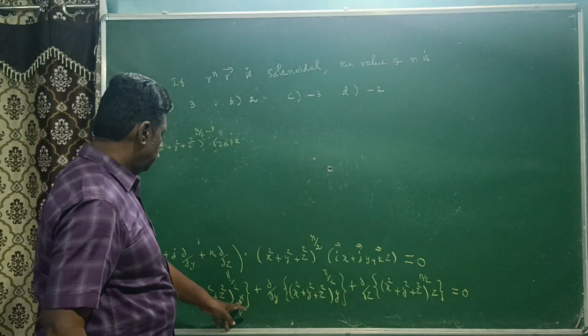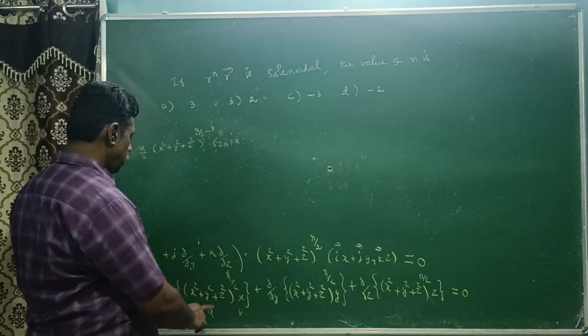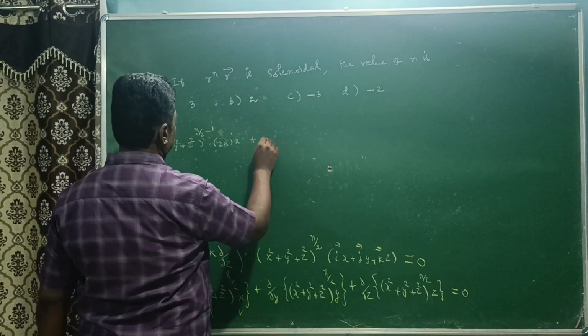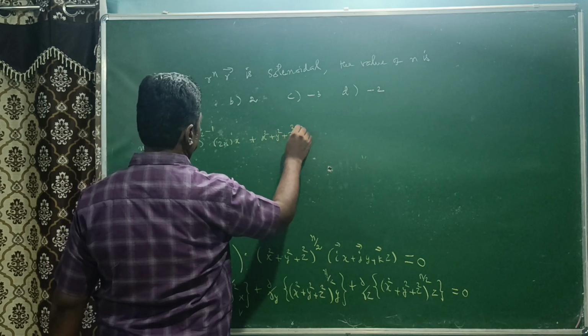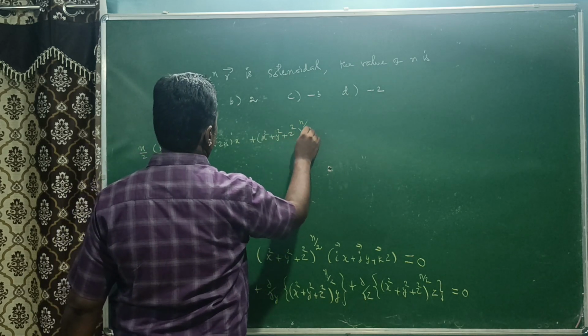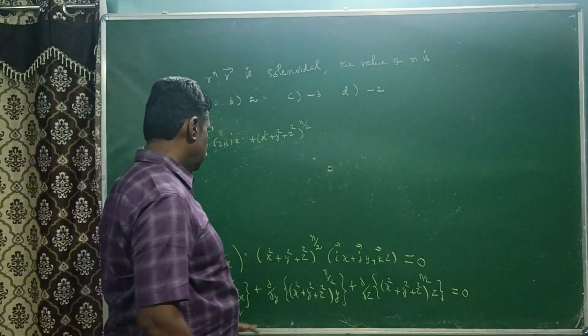Then differentiate x with respect to x, ∂/∂x of x is 1. We have to write the other term as such: (x² + y² + z²)^(n/2). So this differentiation is over.